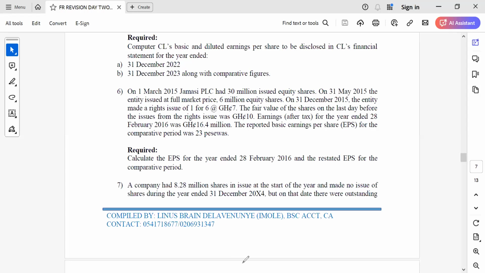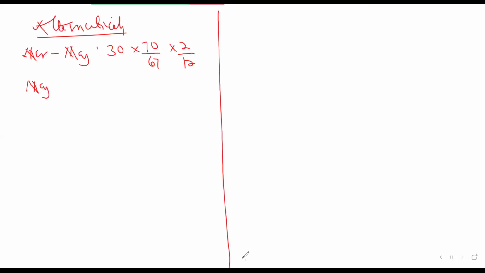So you now have May to the time that the right issue has been done, that will be December. So we now have 36 million, because the full market value will be added to the existing shares: 36 million multiplied by the right issue fraction 70/67 multiplied by 10. Is it going to be 10 or 8?